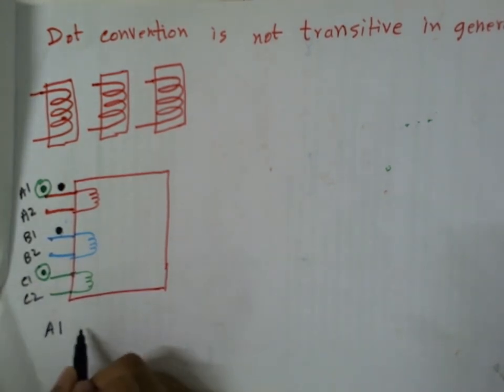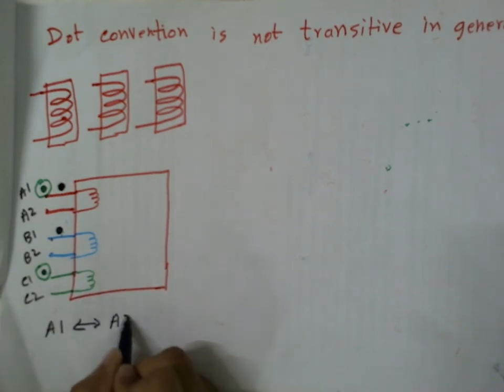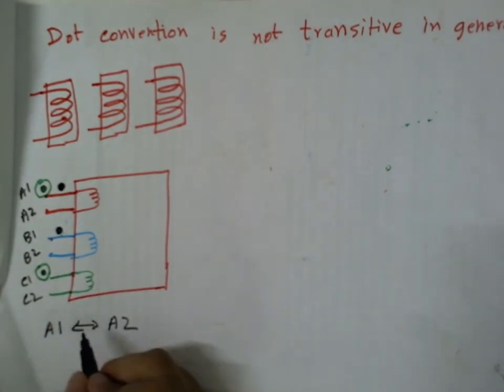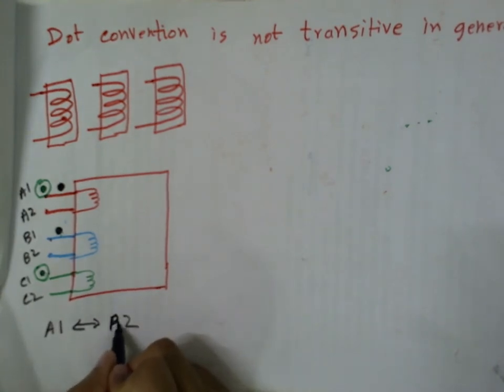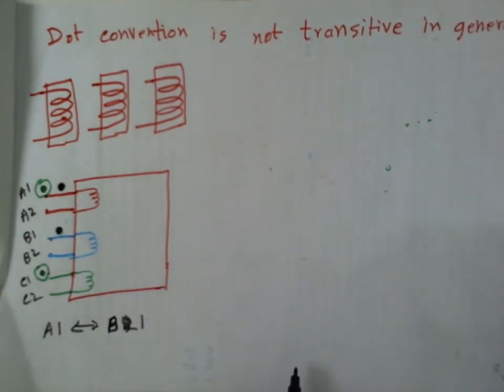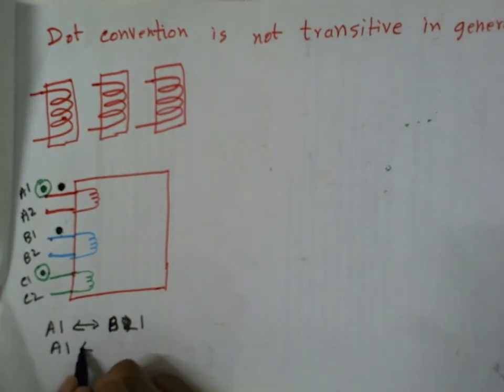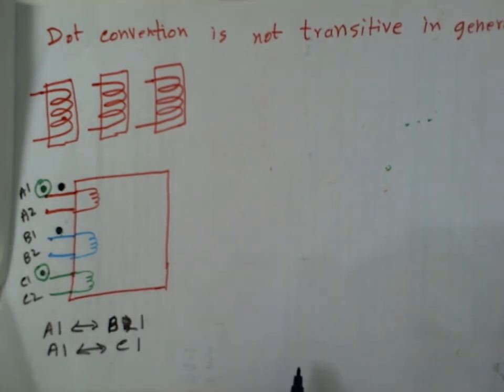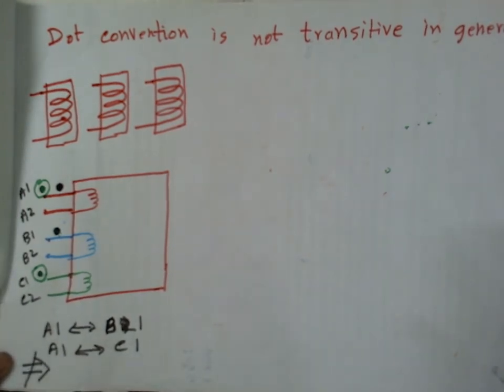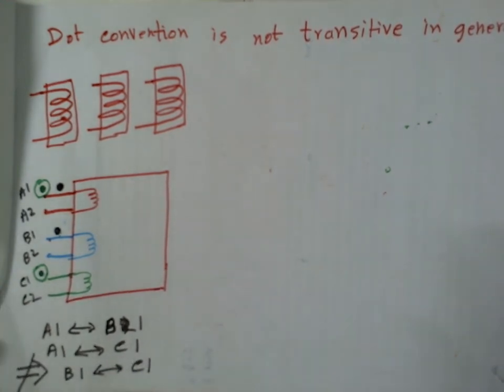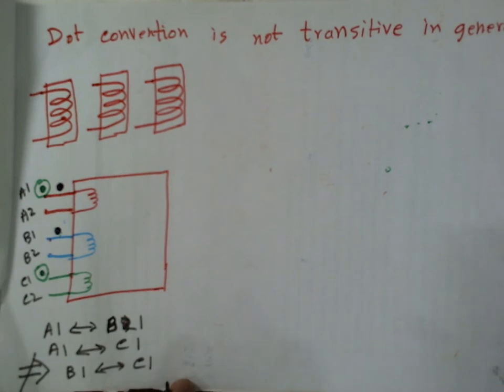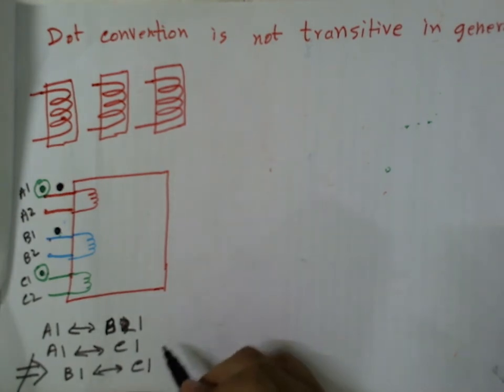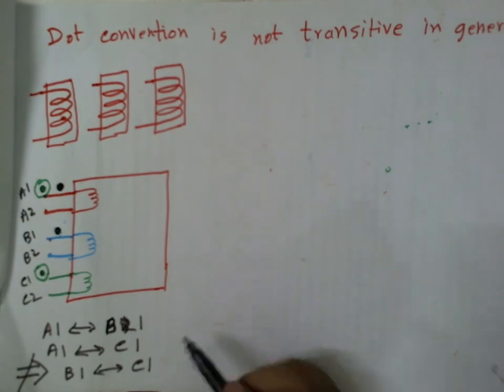If A1 and B1 have dots together, A1 and C1 have dots together, that doesn't imply that B1 and C1 should have dots together always. I will show this with an example where this happens.